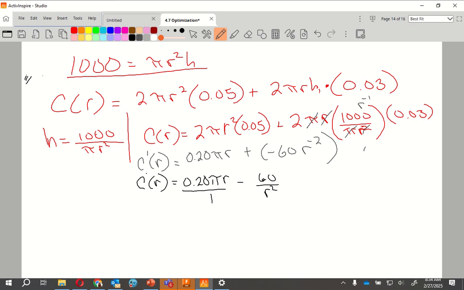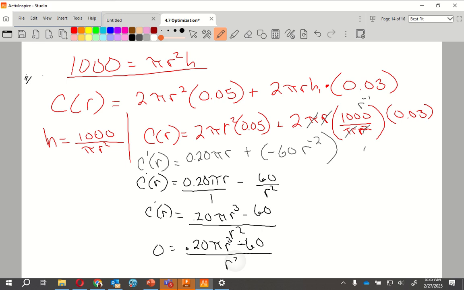So my common denominator here is going to be r squared. So C prime of r equals 0.20 pi, I'm multiplying by r squared, so it's r cubed, minus 60 over r squared. Set it equal to 0.